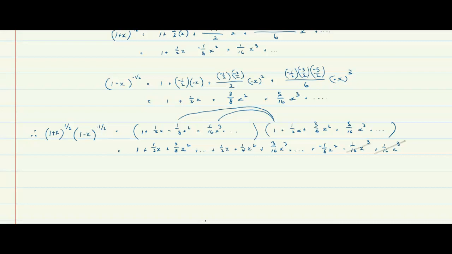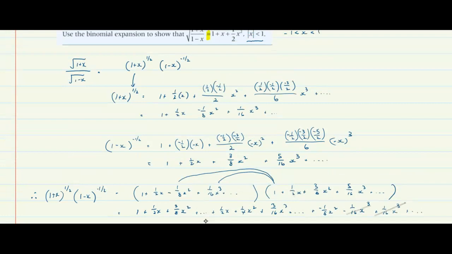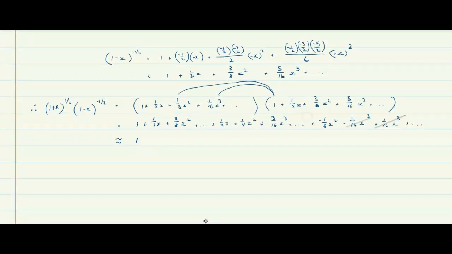So let's see what we've got in terms of recognition. That goes on for a bit, but we are now saying that that's approximately equal to, we've got this 1 here, so that's nice and in place. I've got a half x plus a half x. Does that look promising? Yes, I want x. So let's start to move things on. A half x plus a half x, there it is there, so that gives me x.